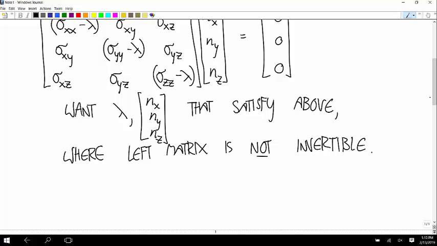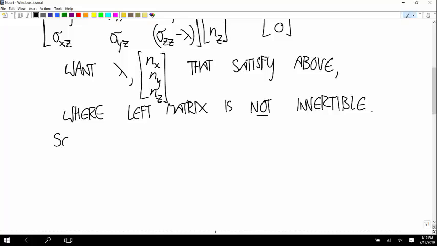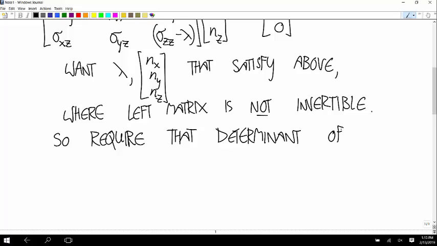If the determinant is equal to 0, the matrix is not invertible. So we're going to require that the determinant of the matrix is 0.